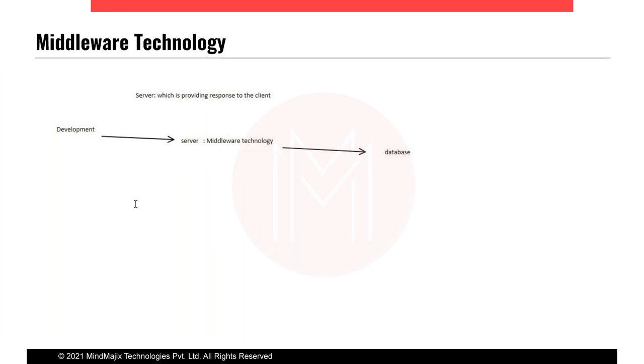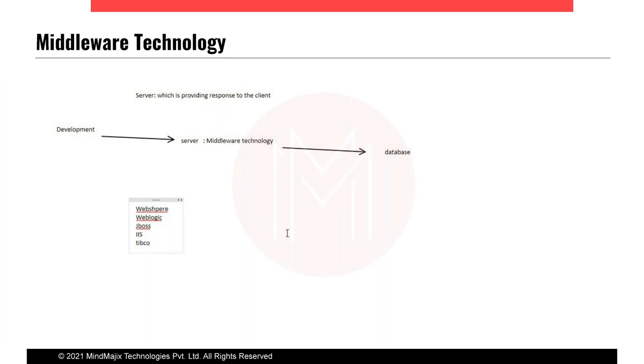We have WebSphere, WebLogic, JBoss, and IAS. These are the mainly important middleware technologies in organizations. We majorly use these four, and TIBCO is also there.